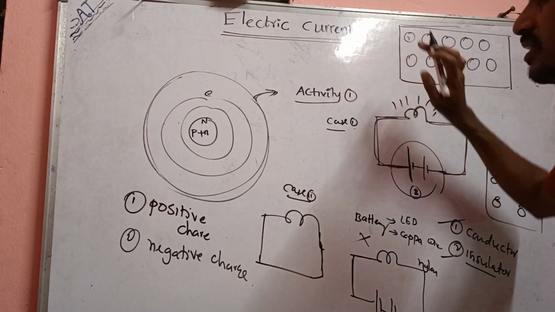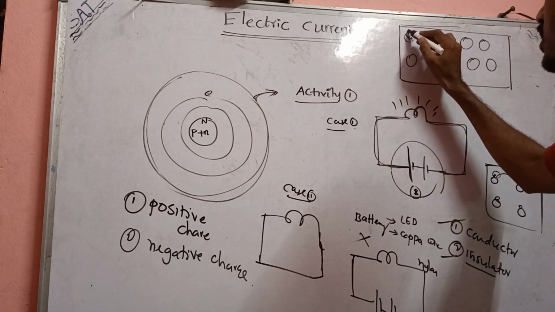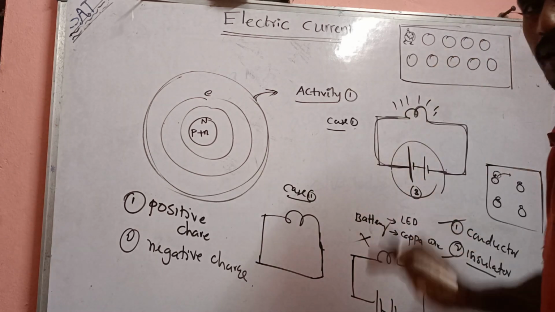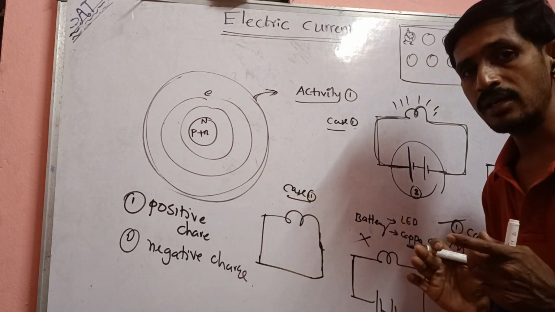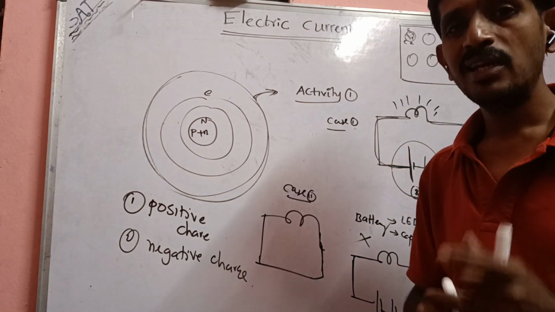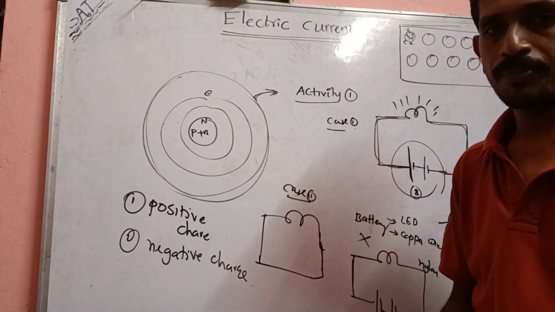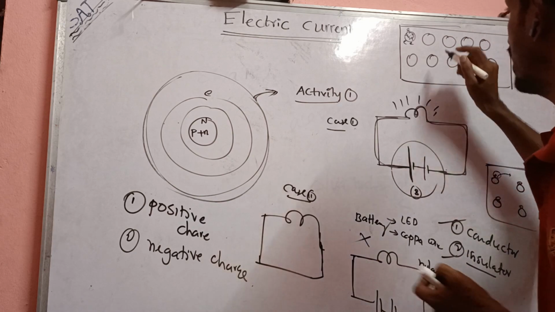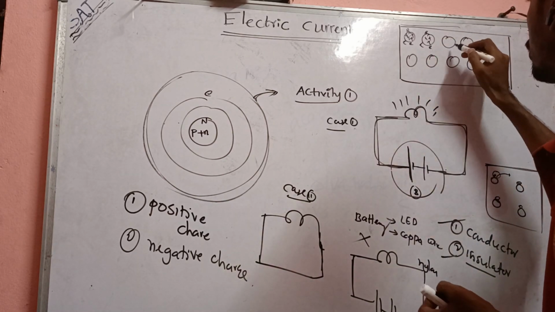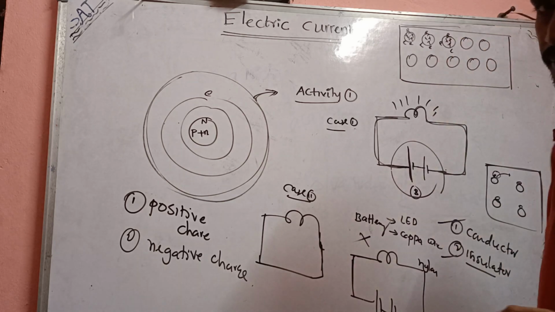For example, three protons and three electrons. Initially all atoms are neutral. Neutral means the number of electrons is equal to the number of protons, the number of positive charges equals the negative charges. So this is a neutral atom, net charge is 0. Every atom is like this, with three protons and three electrons.